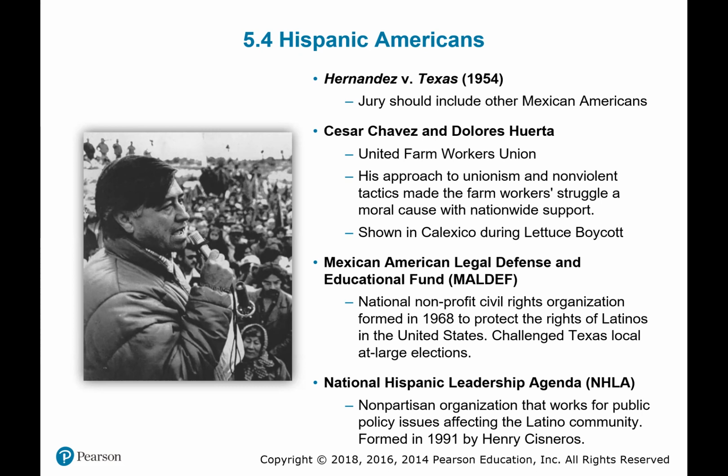One of the major challenges was the Texas local at-large elections. At the time, there were ways in which, even with a very large percentage of Hispanic Americans, if you have local government broken down with an at-large election for an area, you could have a 35, 40% Latinx population, but if it's at large, therefore not representing individual districts that would have a different diversity from each other, you could have that majority group, if it's white, 51 to 55%, voting for all of their representatives, and the minority group, whether it's Hispanic or African American or any other group, would never have a chance to have a representative.